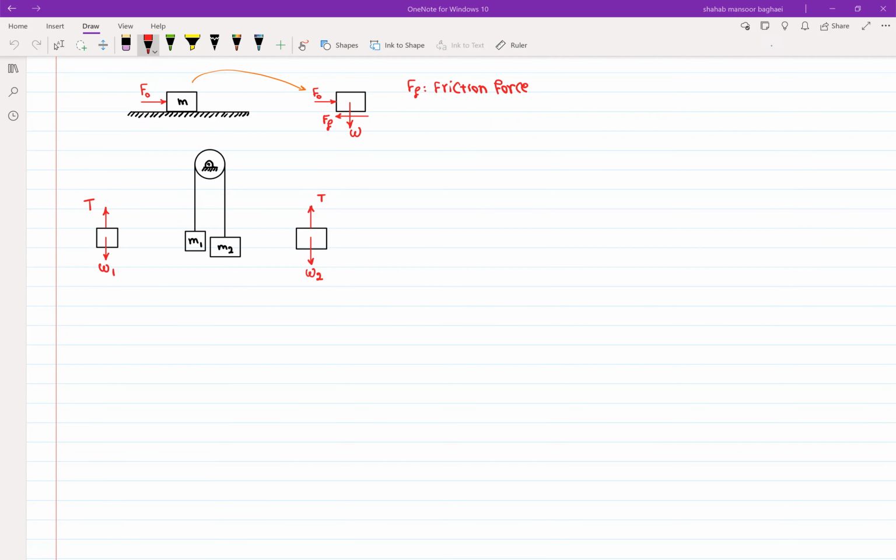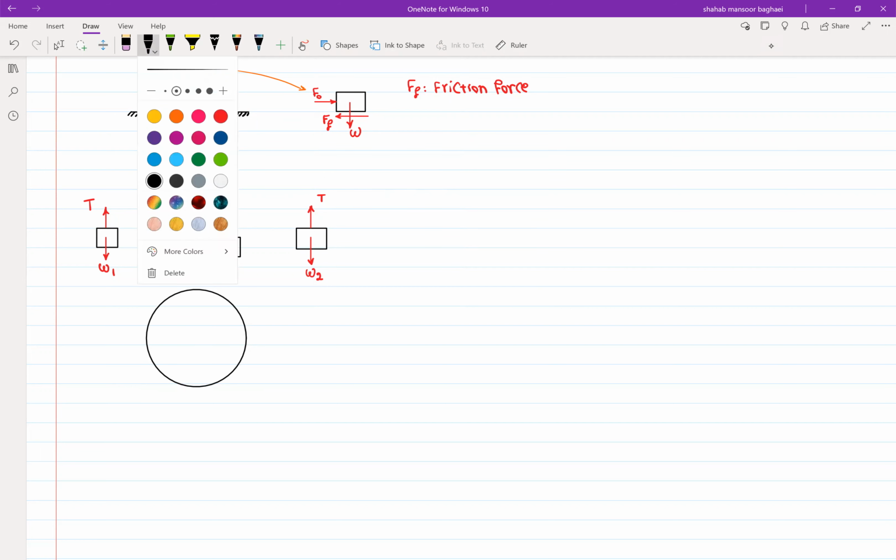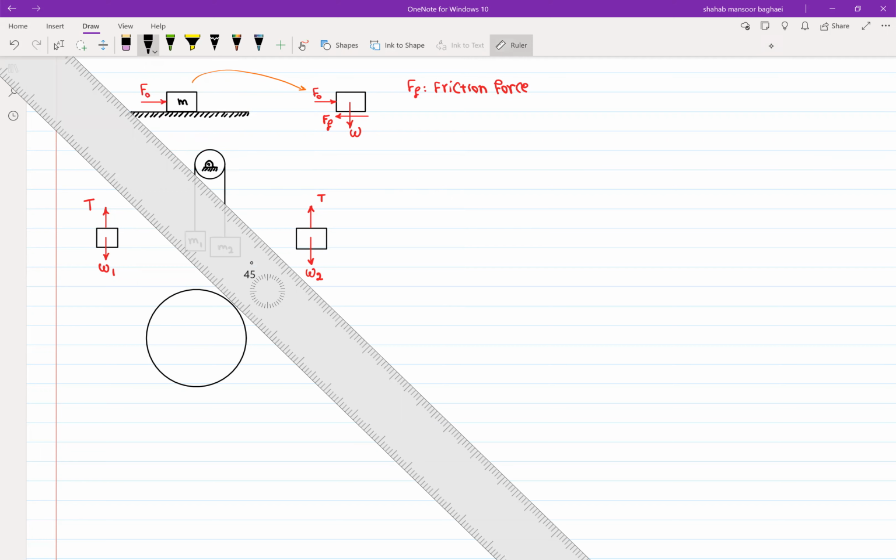Okay, look at this figure. There's a ball here on the two oblique surfaces like this.